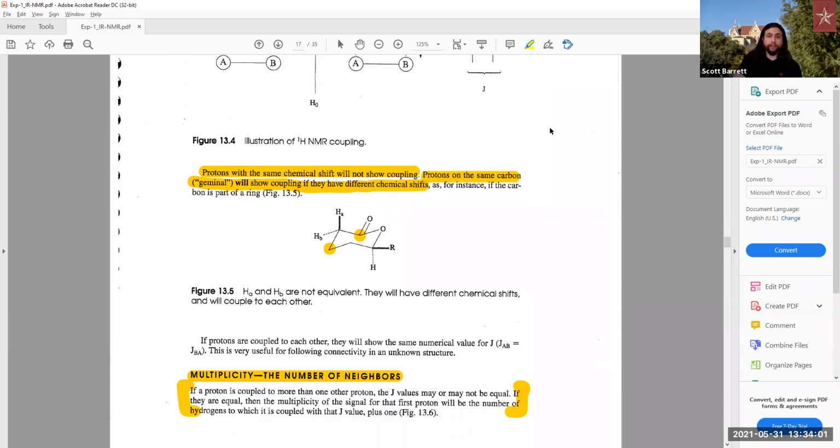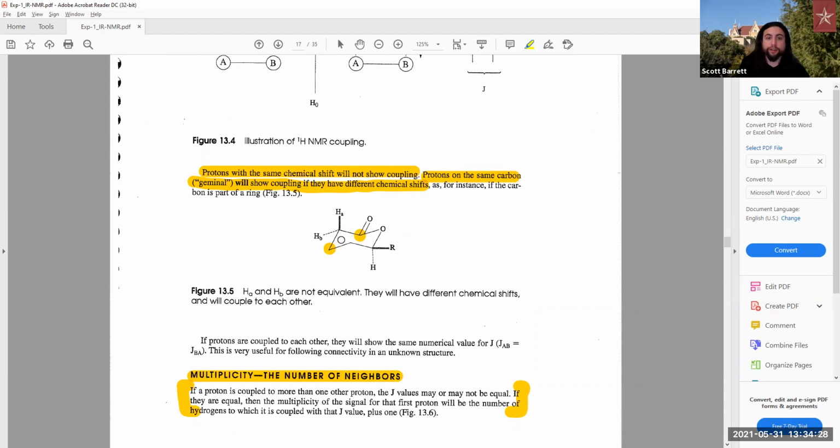In terms of coupling, protons with the same chemical shift will not show coupling. Protons on the same carbon that are geminal will show coupling if they have different chemical shifts. When we're talking about HA and HB, it's kind of like stereochemistry, in the sense that this carbon is adjacent to the axial hydrogen, whereas this carbon is adjacent to the equatorial hydrogen.